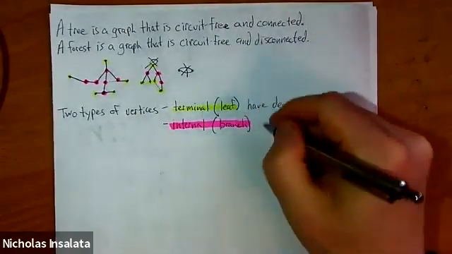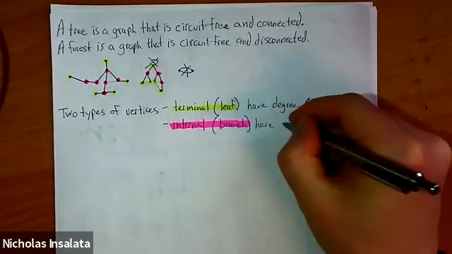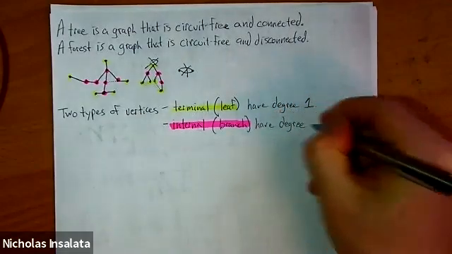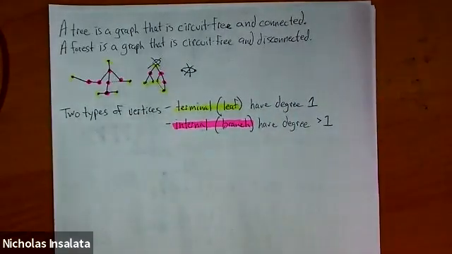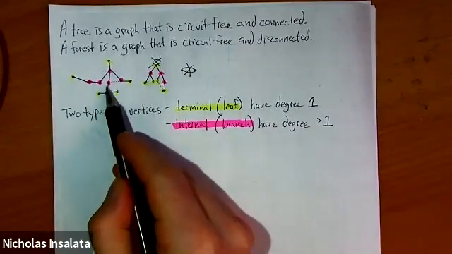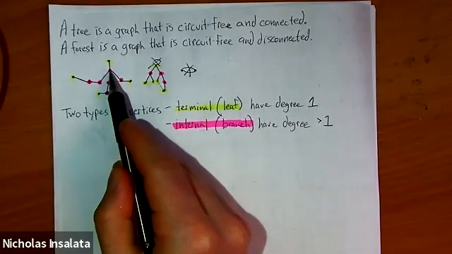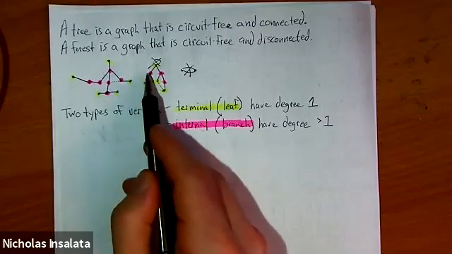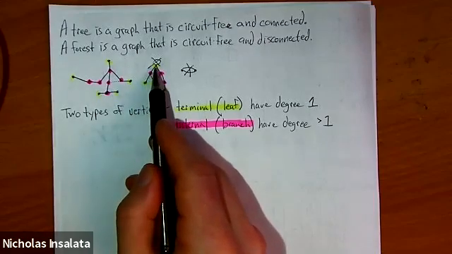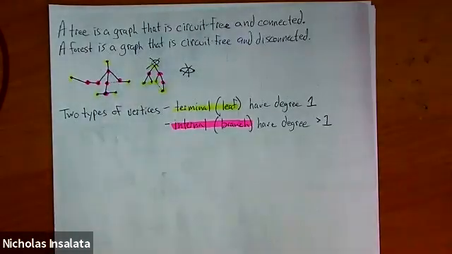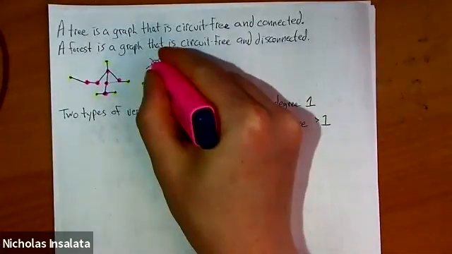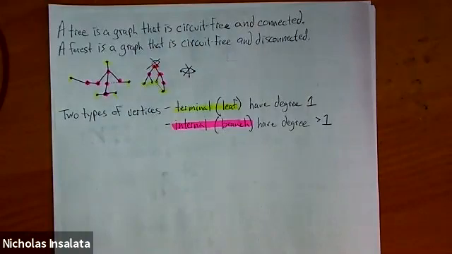And internal vertices have degree strictly larger than 1. Could be two or more, right? So for example, this vertex has degree 2 right here, but this one has degree 4, right? And this one has degree 3, and this one, oh, I colored that one wrong. That has degree 2, that should have been internal, sorry. There we go, that's better.